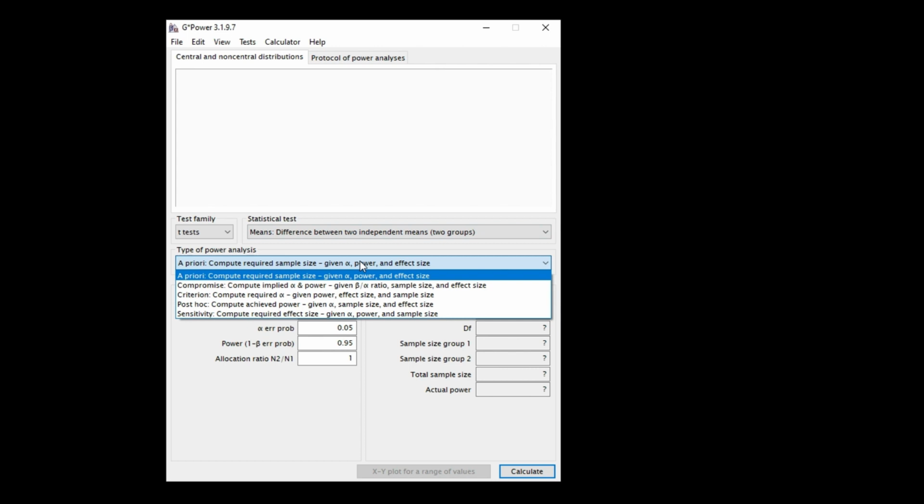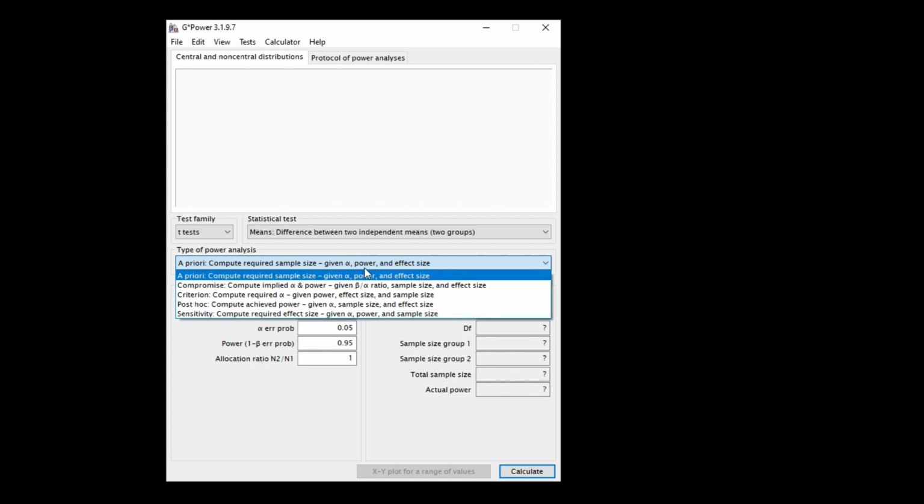And then it says, well, okay, what do you want? And so typically what you will want is either to compute your required sample size, or you may want to know, that you've already got a fixed sample size that you're able to obtain. And so you want to be able to identify what's the effect size you'd be able to detect.